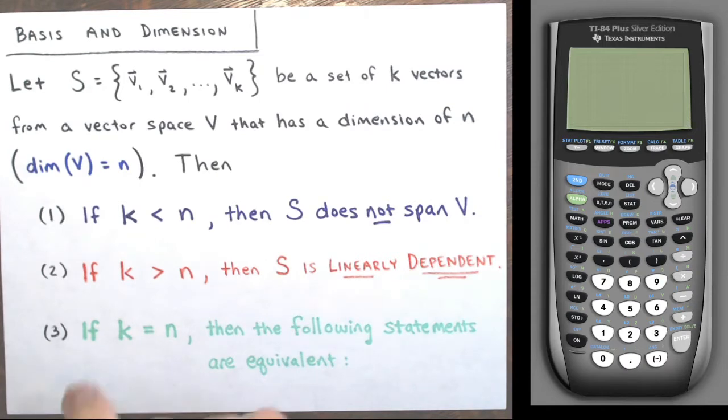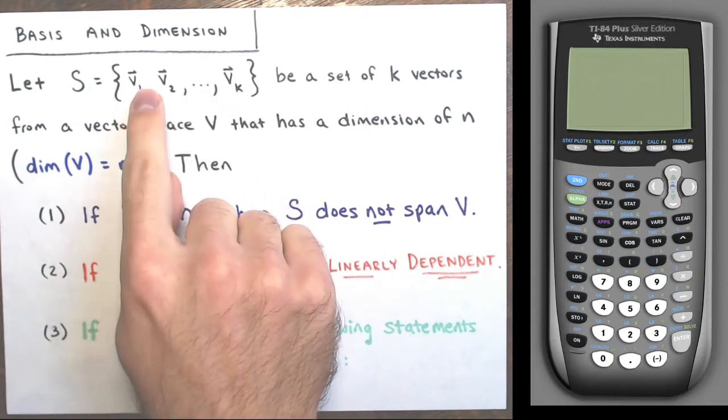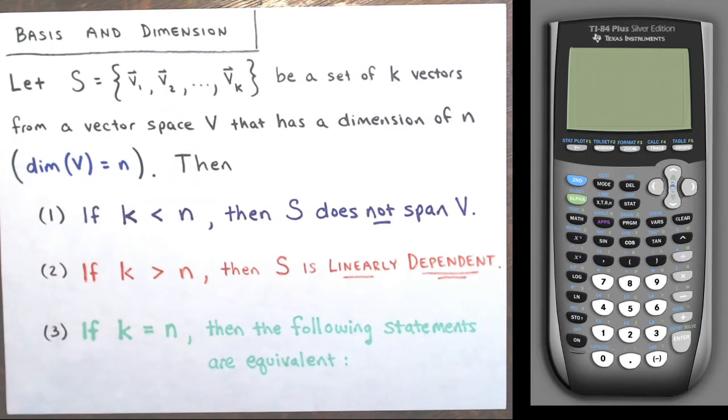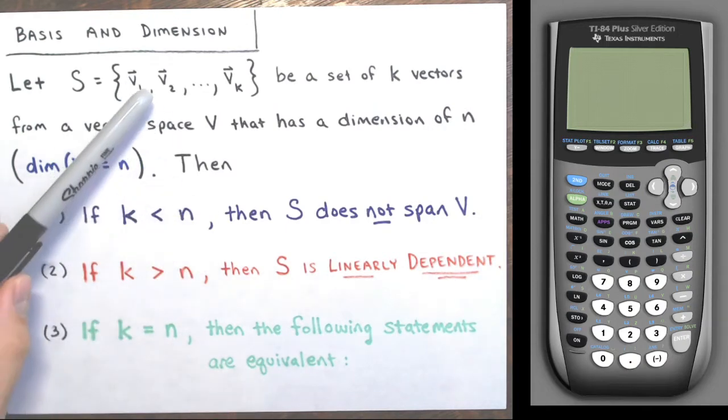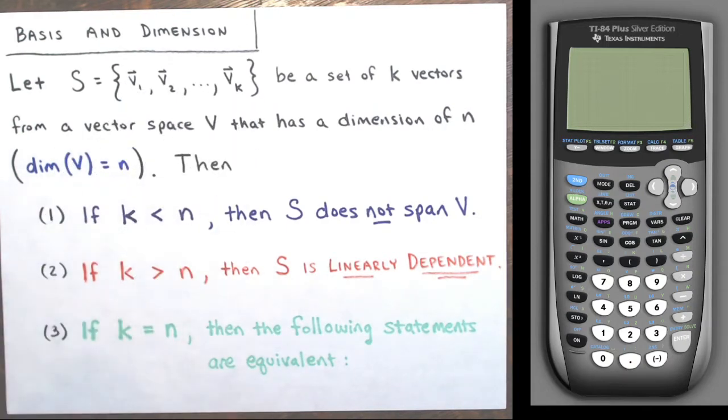If the number of vectors in the set that I'm given is less than the dimension of the vector space, then the set will not span that vector space. There will be some vectors in the vector space that cannot be written as a linear combination of these k vectors. And you can figure that out on your own for whatever examples we're looking at.